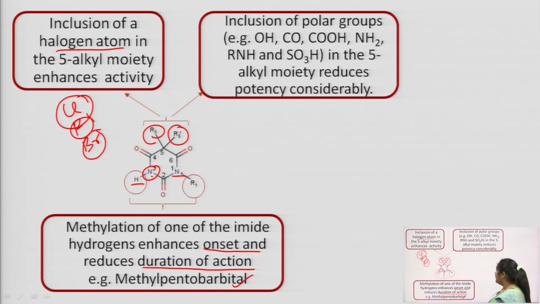When we include any kind of polar group, OH, carbonyl, COH, NH2, SO3H, that will reduce the potency, and being polar, it will be more easily oxidized and removed from the body. So, inclusion of halogen sounds more appropriate as compared to inclusion of a polar group at position number 5.